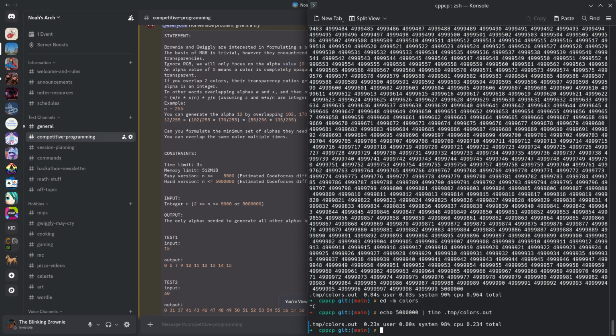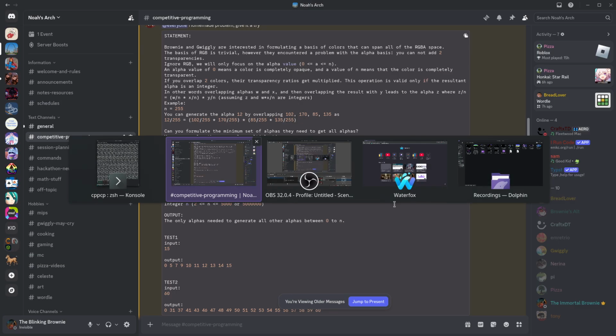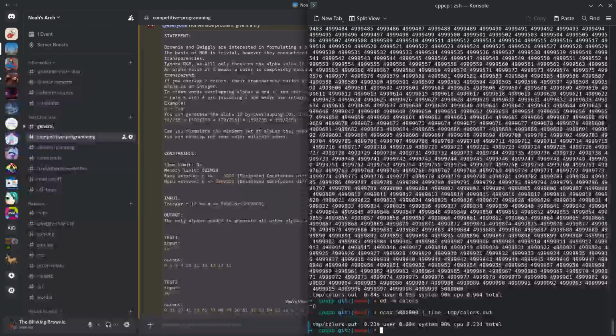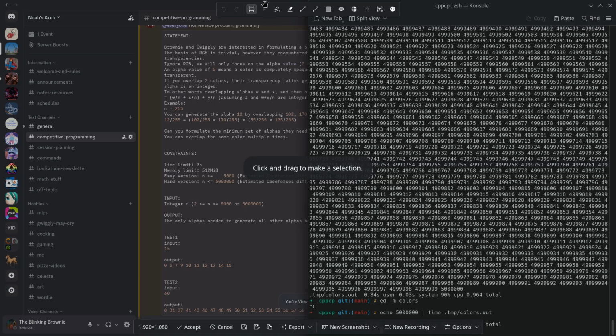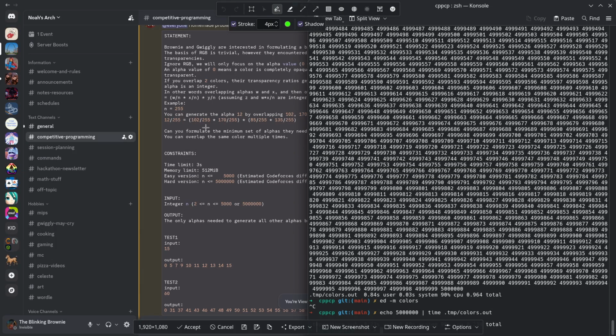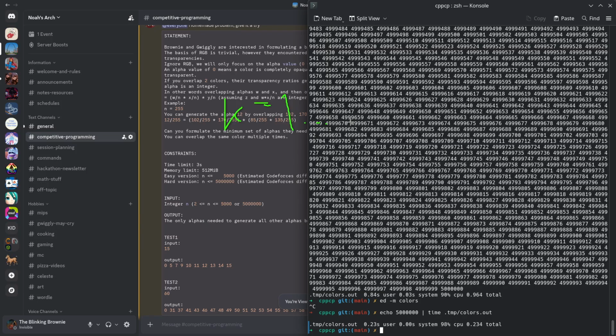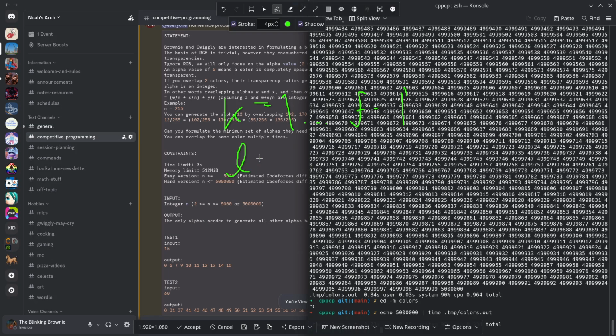But we can actually make this faster, because there is one more optimization that I know of, which is that, okay, I did delete the screenshot, whatever. So k goes from 1 to f minus 1, and l goes from 1 to n over f minus 1, right?